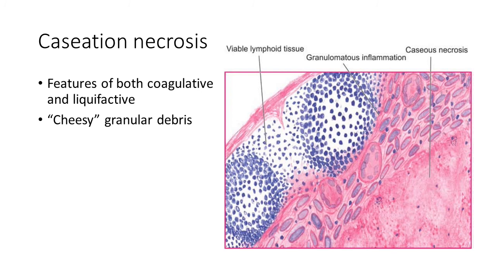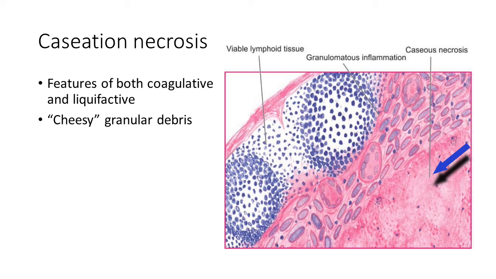Coming to caseous necrosis, this one combines the features of both coagulative and liquefactive necrosis. This is often found in tuberculous infections. The foci of necrosis resembles dry cheese. That's why it is called caseous.